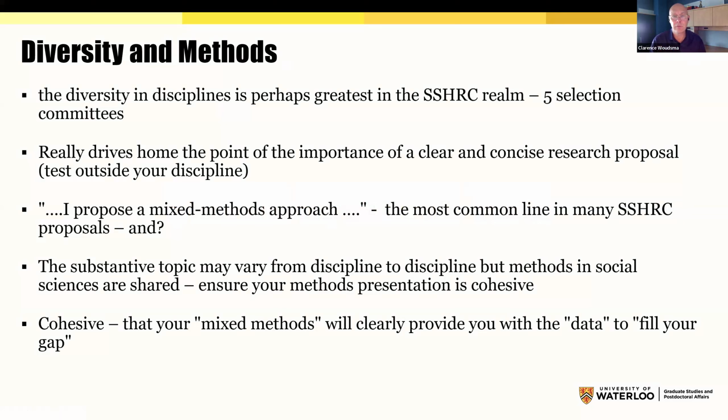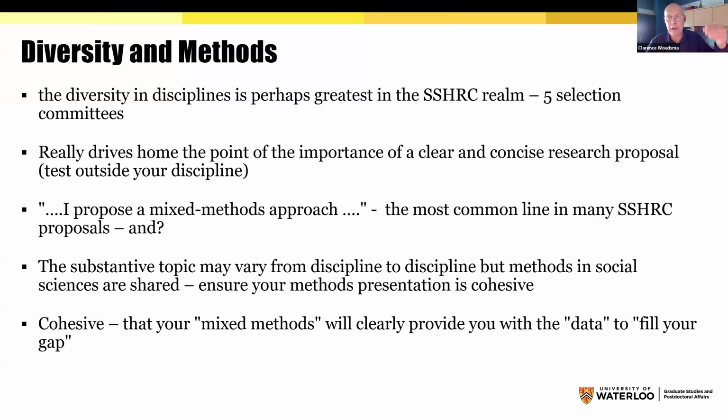And one of the challenges within SSHRC, that I would argue, is that there really is a wide diversity of disciplines in SSHRC. The way they break down the various disciplines in the social sciences is they create these 5 different committees. So you need to think carefully about what discipline you're working in and what related disciplines are relevant for your research.